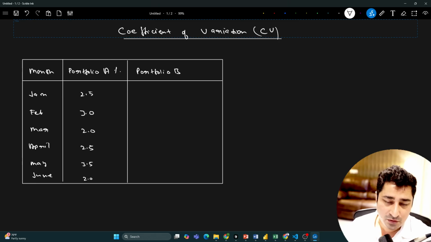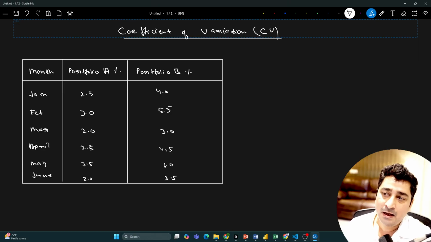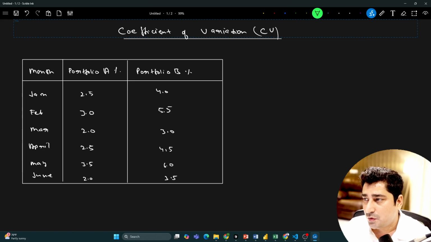This is portfolio A. And portfolio B return is, let's suppose, 4.0, then 5.5, then 3.0, then 4.5, then 6, and then 3.5.